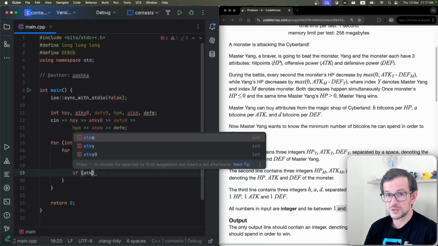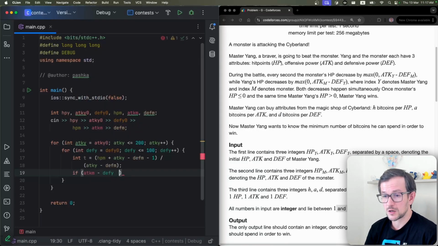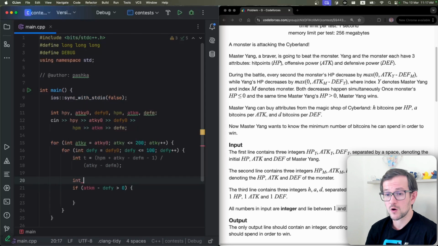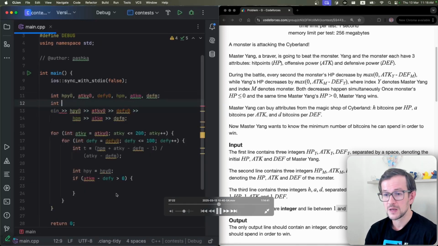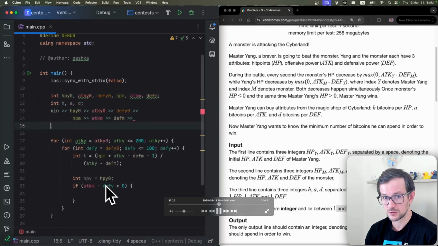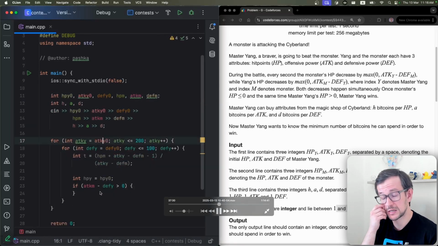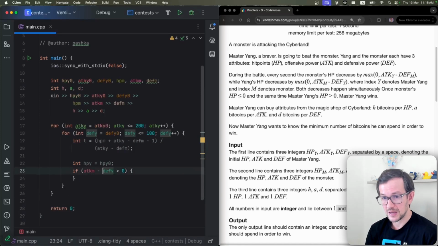Now, you just need to calculate how much HP you need in the beginning. You see, how much damage the monster will give me. So if the monster is dealing me at least some damage, so if his attack is more than my defense, then I need some.